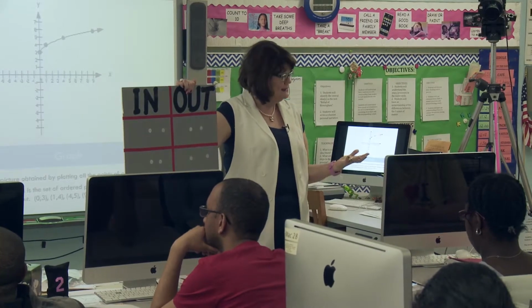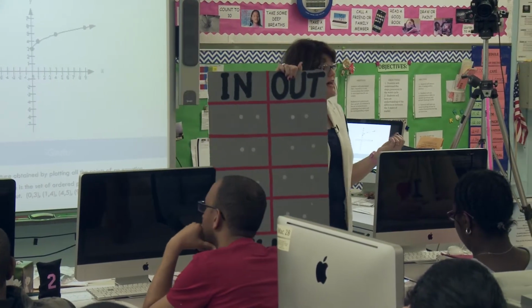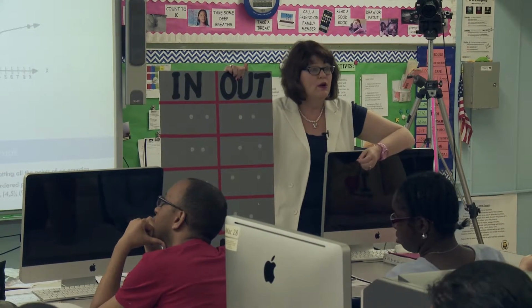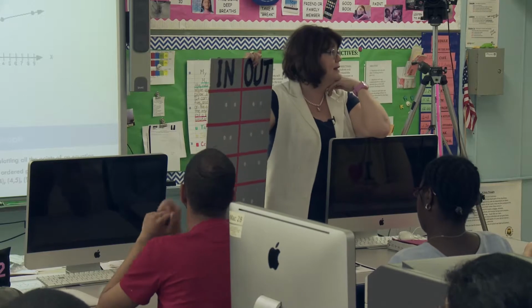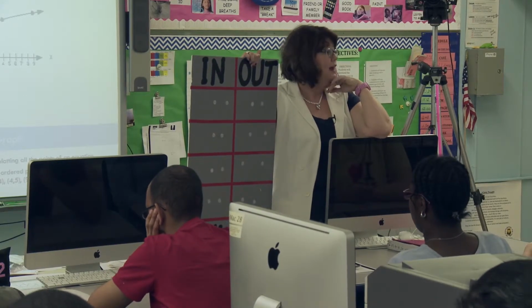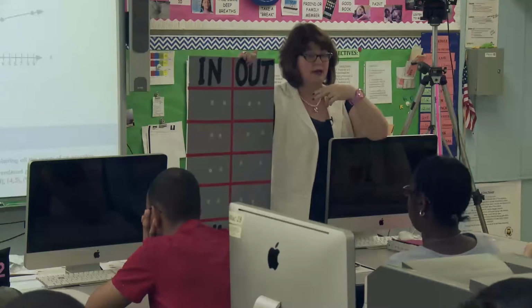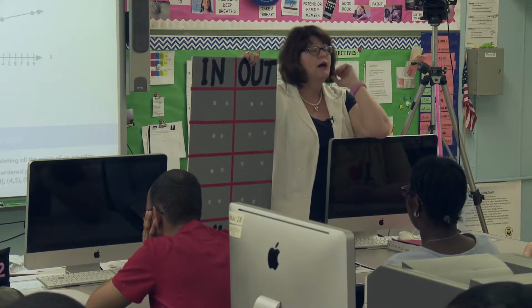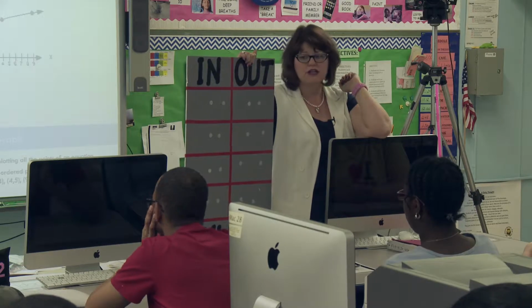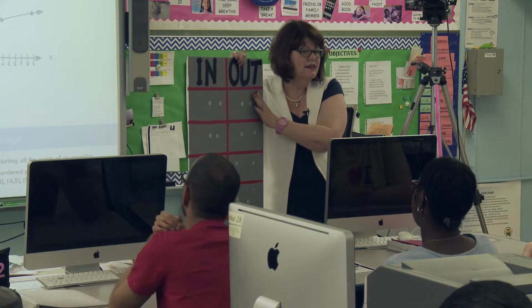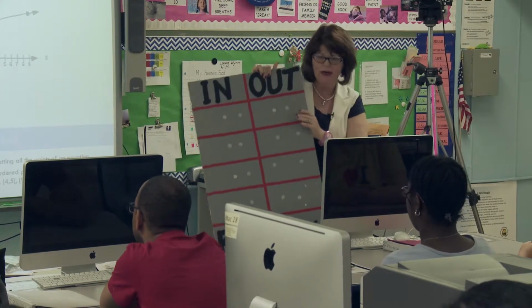You're going to read those word problems together as a group, and then you're going to solve and complete your function table. You're going to write an algebraic equation, and then you're going to graph your function if we have time. So those are the 3 things I want you to do. But the most important thing is to discuss your thinking with one another.